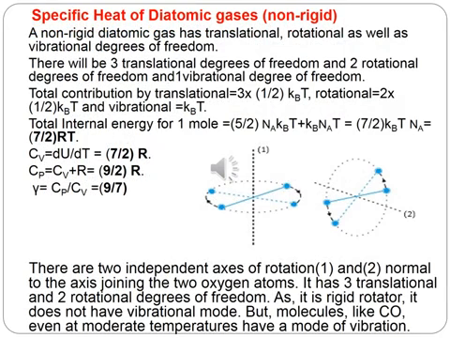How can we calculate specific heat of diatomic gases which are non-rigid? It is case 2. A non-rigid diatomic gas has translational, rotational as well as vibrational degrees of freedom. So there will be 3 translational degrees of freedom, 2 rotational degrees of freedom and 1 vibrational degree of freedom.